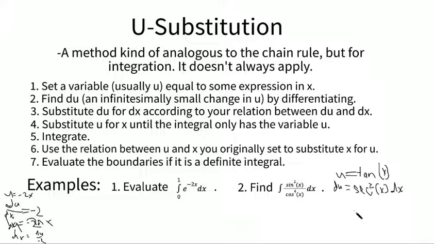So now that we have this, before we plug this back in, we're going to first simplify this a bit. This is the same thing as sine squared of x over cosine to the fourth of x. If you imagine it, it's sine squared over cosine squared, and then there are 2 more cosines in the denominator.